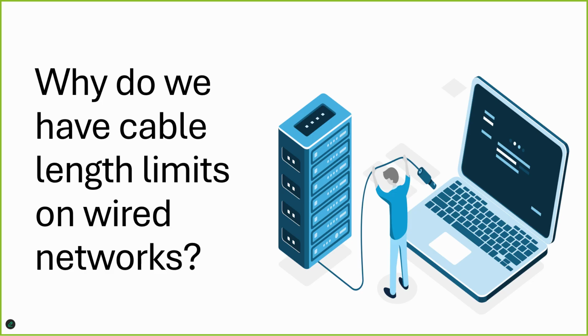Well, what is that that's becoming weaker? It's energy, right? So if I'm trying to provide energy to a PoE device across a cable, guess what? That power also attenuates over distance. And so there's a point at which I'll no longer be able to achieve the expected power for that PD, that powered device, at some distance. And therefore, I have limits to my length for that reason as well.